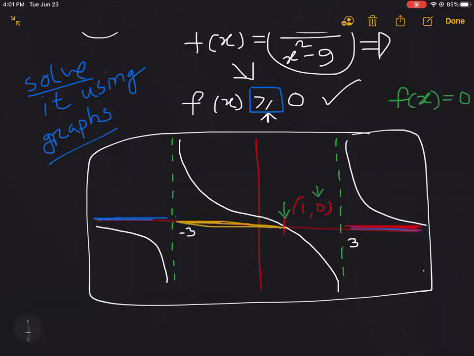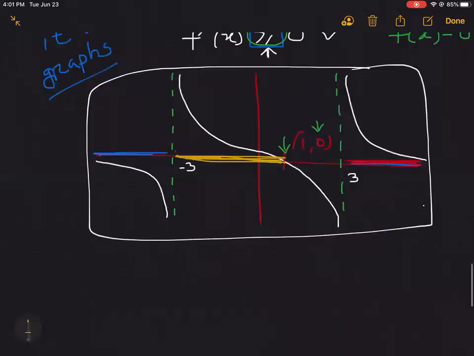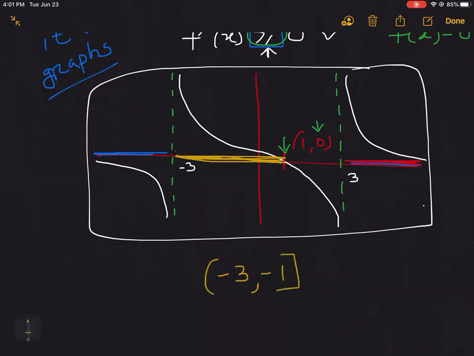So we can include that because our inequality says we can take 0 or more. So the answer should be from -3 to 1. Oh, sorry, I can't include -3 because the graph will never reach -3. And then 3 to infinity. Once again, I can't really include 3. As you can see, 3 is an asymptote. So this will be the answer.